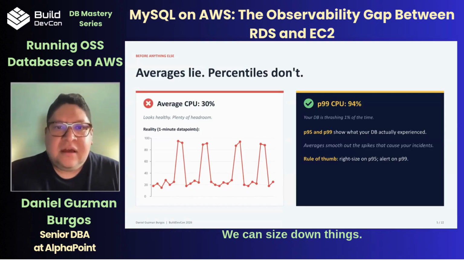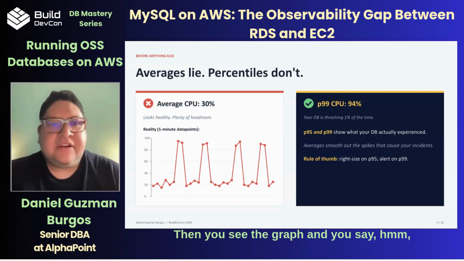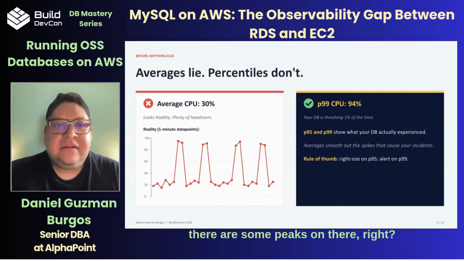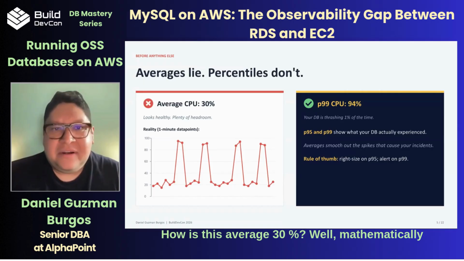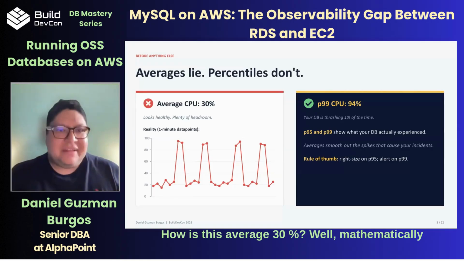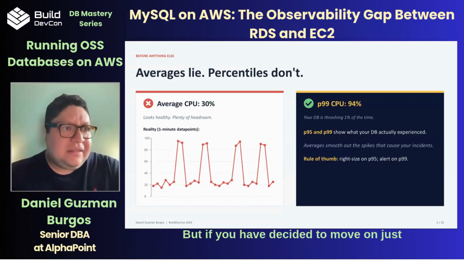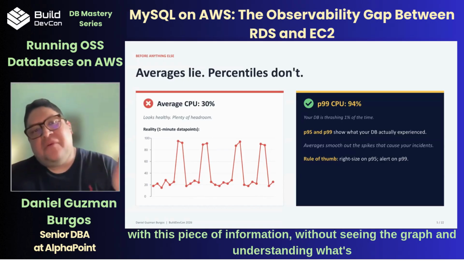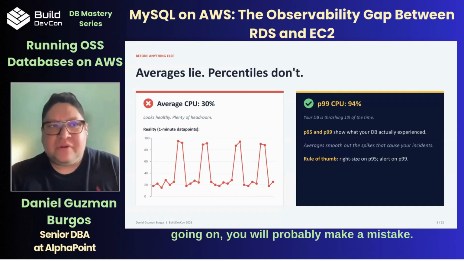We can size down, we can save some money, let's do it. Then you see the graph and you say, there are some peaks on there, right? How is this average 30%? Well, mathematically it is. It's real. But if you decide and move on just with this piece of information, without seeing the graph and understanding what's going on, you will probably make a mistake.